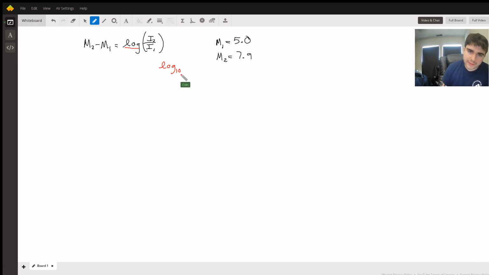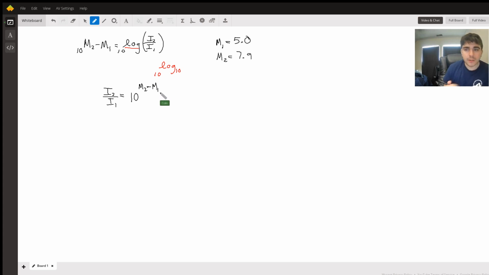The way I get rid of this log, I have to raise both sides by 10 and it cancels out. So I raise both sides by 10, and I find out my ratio of intensities is equal to 10 raised to the power of M2 minus M1.